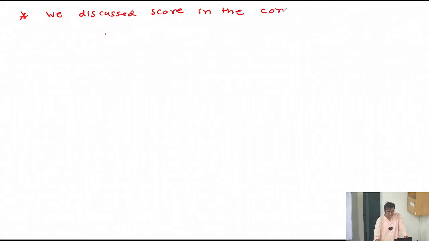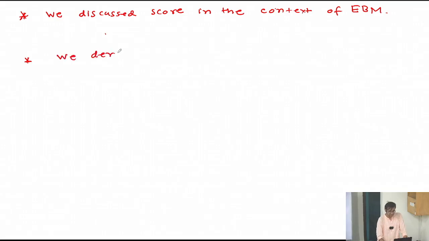You have to keep that in mind. Can someone check and tell me what was the Fisher divergence loss that we derived at the end of the last lecture? So we derived it for scalar, right?